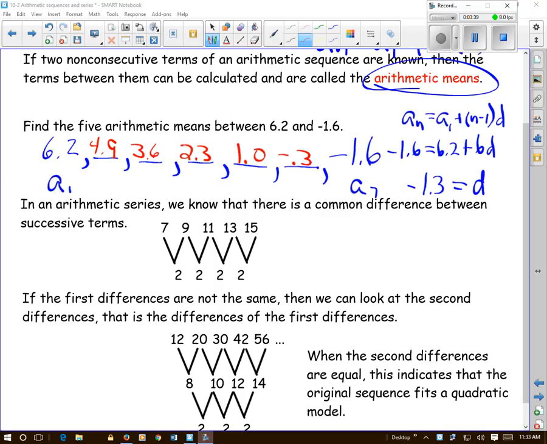So those are the 5 arithmetic means between 6.2 and negative 1.6.